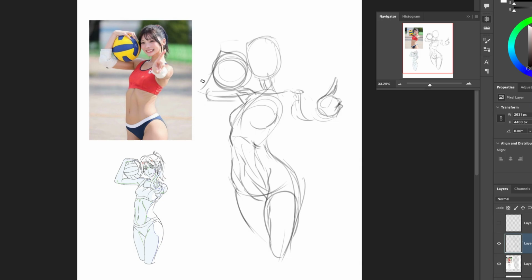Arm here, other arm, hands, okay, and shoulder.